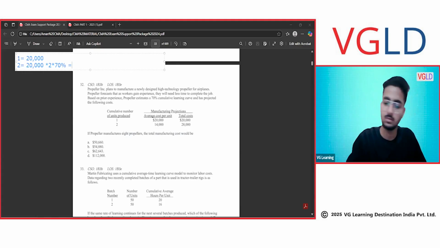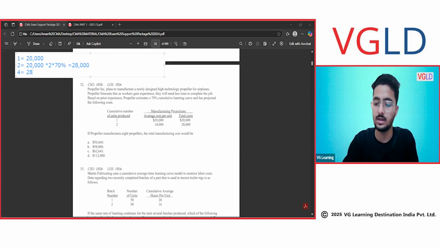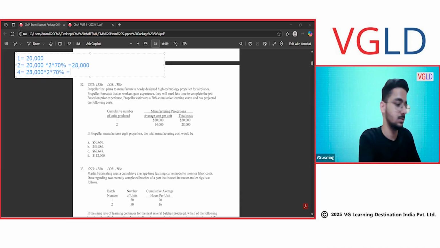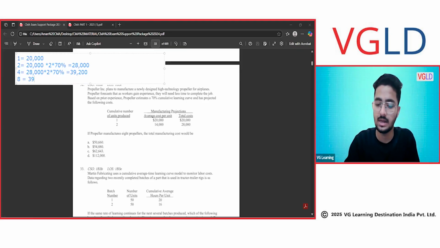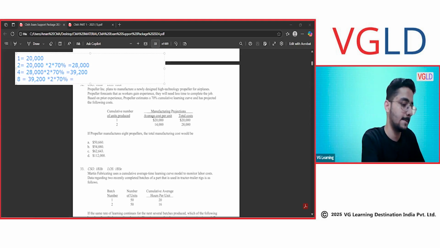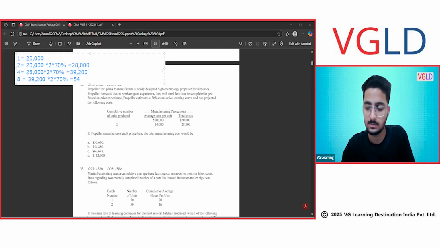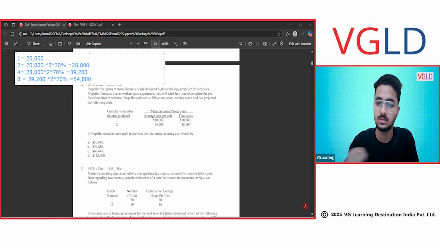Then 4 units, 28,000 into 2 into 70%. Eight units, 39200 into 2 into 70%. That makes B the correct answer.